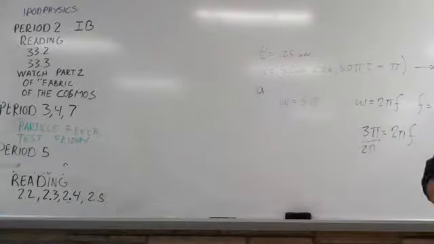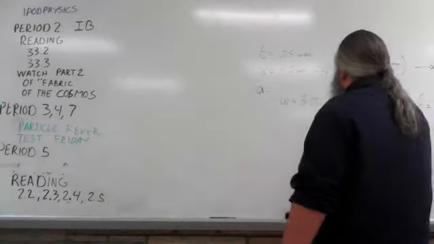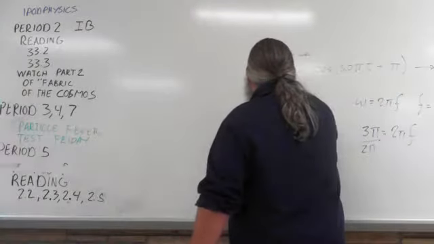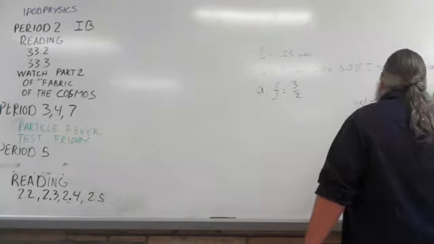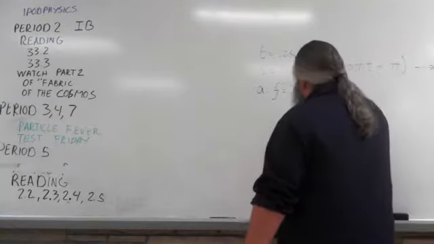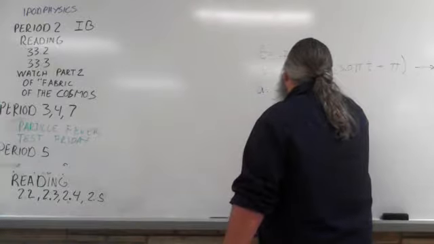Leaving it as 3 over 2 is not an issue, so feel free to leave it that way. We know that the frequency is 3 over 2, which would be 1.5 or 3 over 2 hertz.